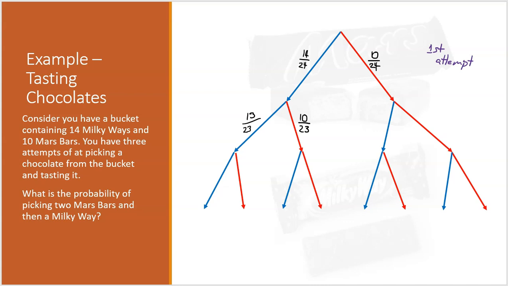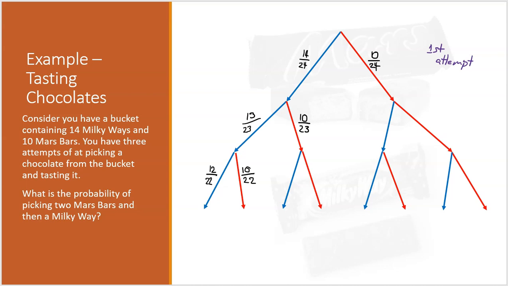Now, following the tree further on the left, picking out 3 Milky Ways in a row is a chance of 12 over 22. Similarly, picking out 2 Milky Ways and then a Mars bar is a chance of 10 in 22, because this would be the first Mars bar.